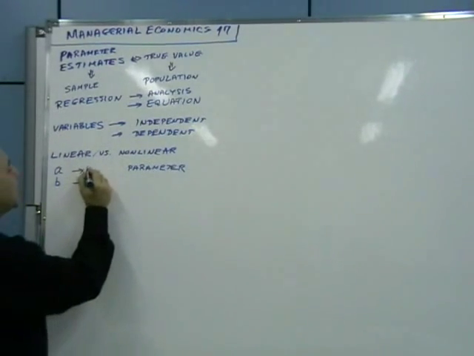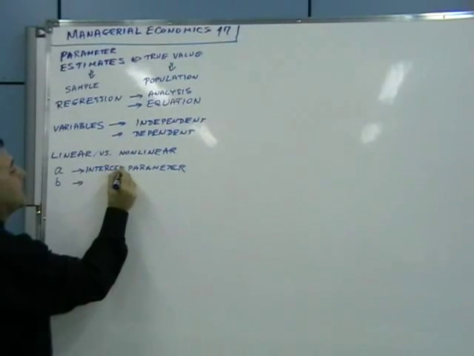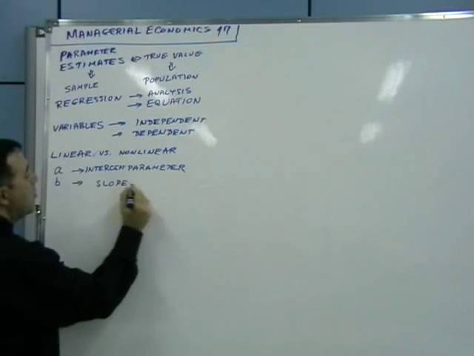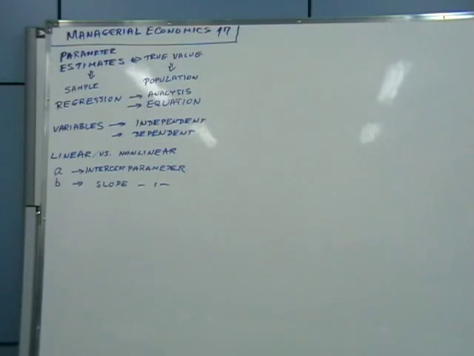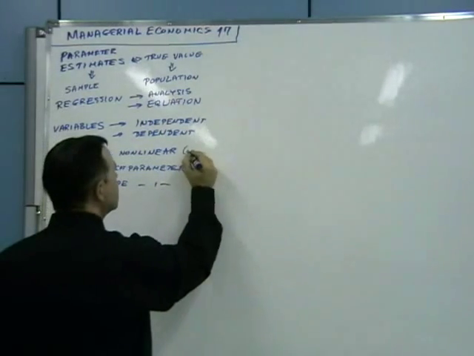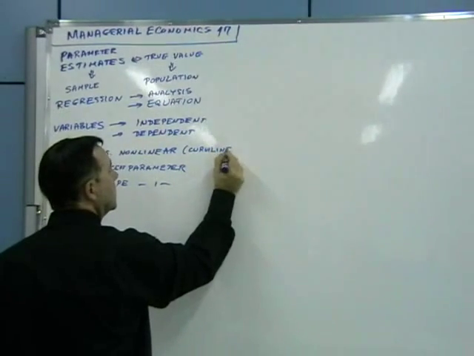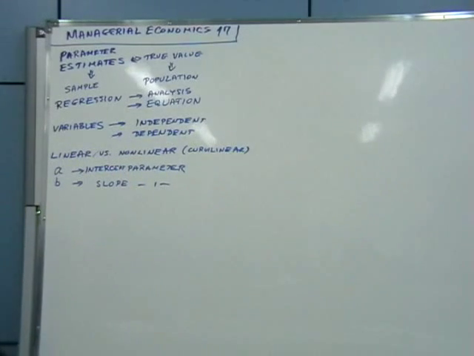Yeah. Intercept. And then B is the slope parameter. Okay, so let's see what else we have. Nonlinear is sometimes called curvilinear. Okay.